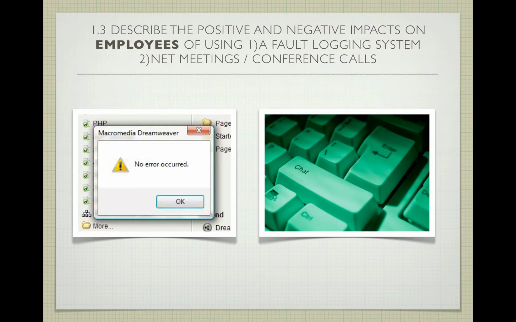Negatives are, well, people can get information overload. You can only go to so many normal meetings, but if your work system involves using lots of net meetings, then suddenly you can attend a lot more of them, and you can just get information overload.